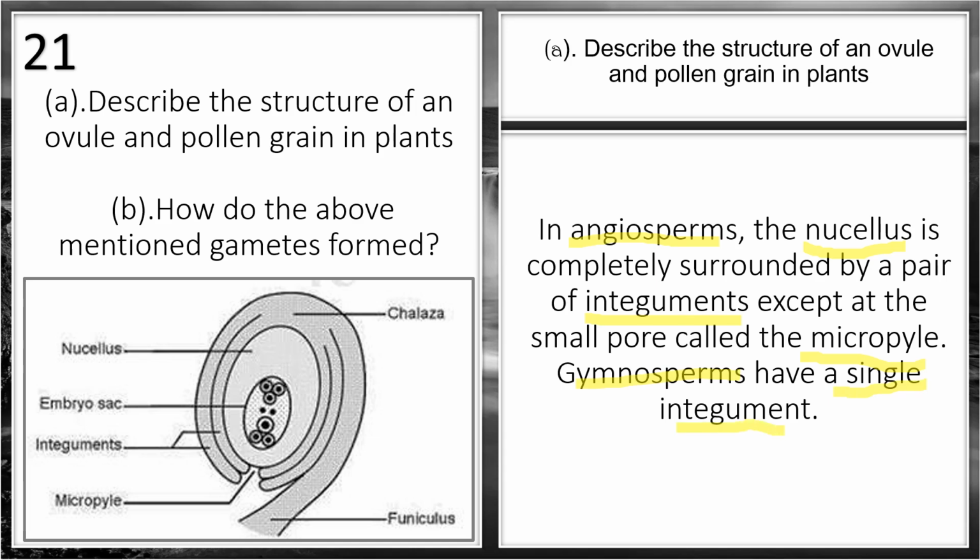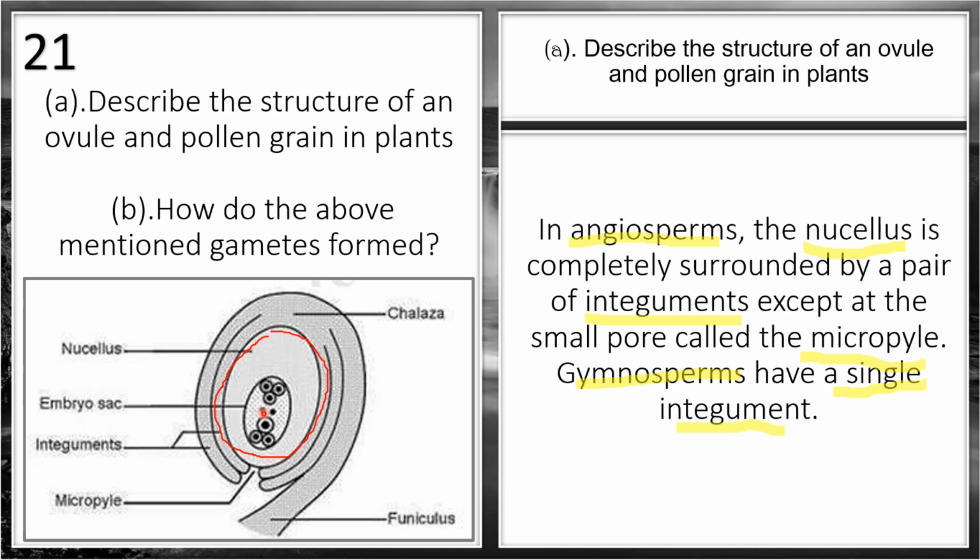So when we look at the ovule, we say that it has what we call a nucellus, which surrounds the embryo sac.